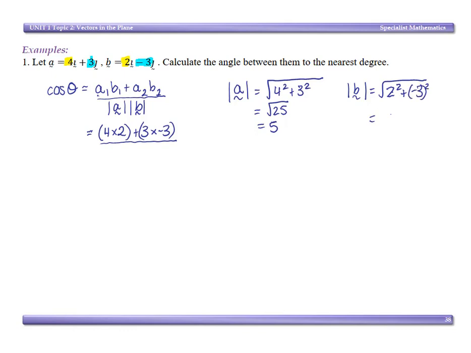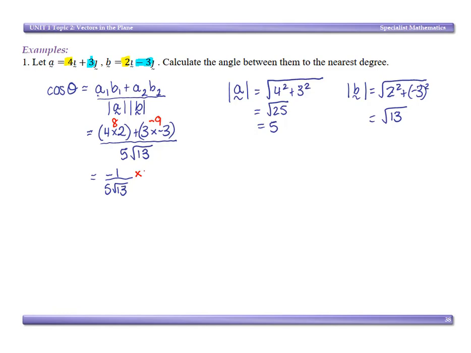So 4 plus 9 is the square root of 13. So we have 5 root 13. Now at the top we have 8 take 9, so that's a negative 1.